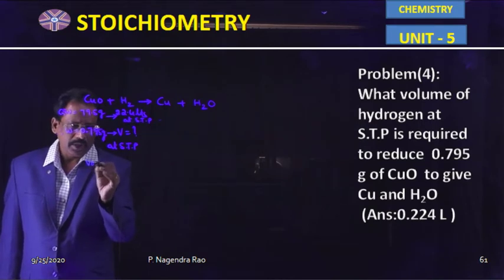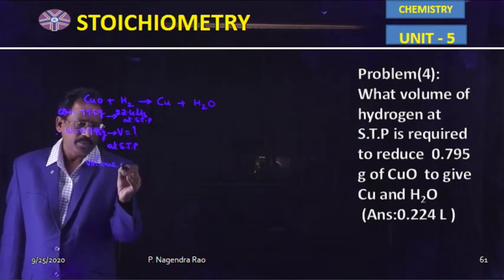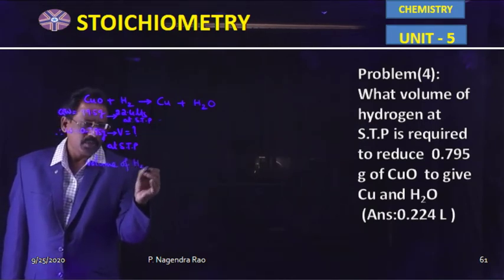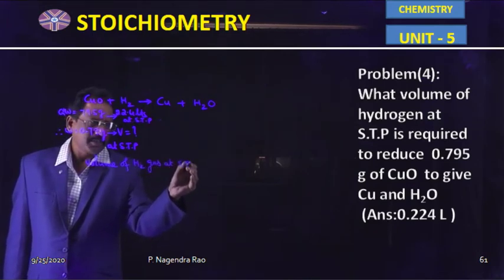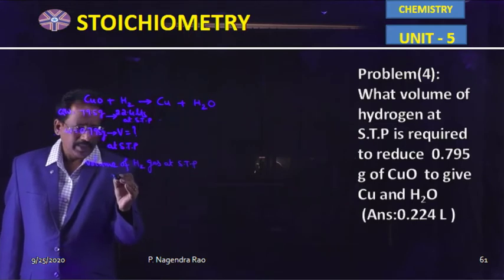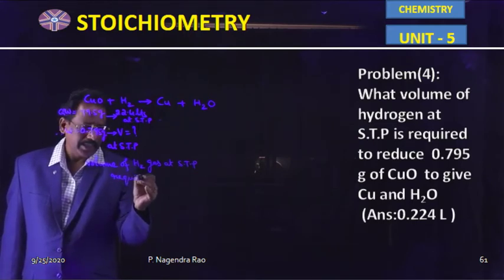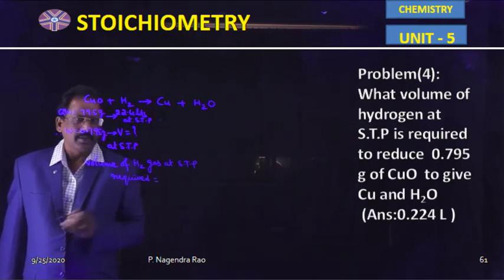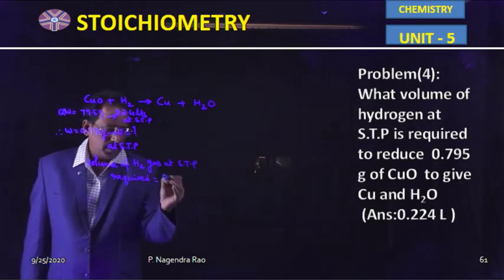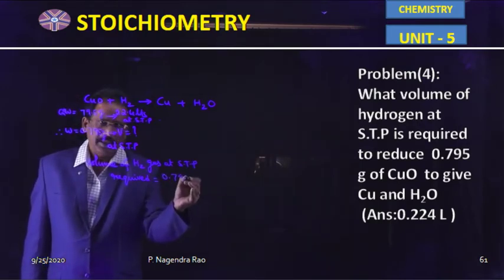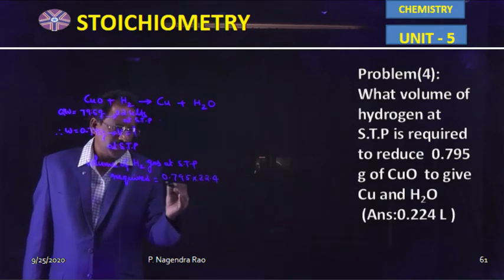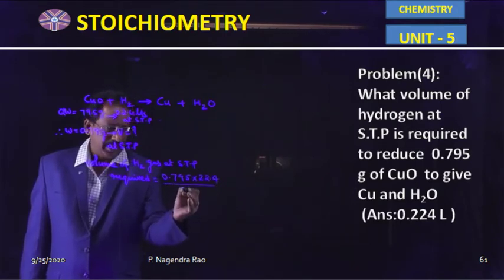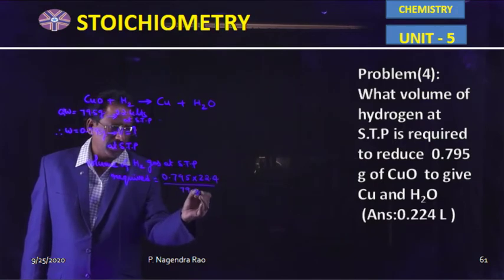So the volume of hydrogen gas at STP required is equal to 0.795 into 22.4 divided by 79.5.